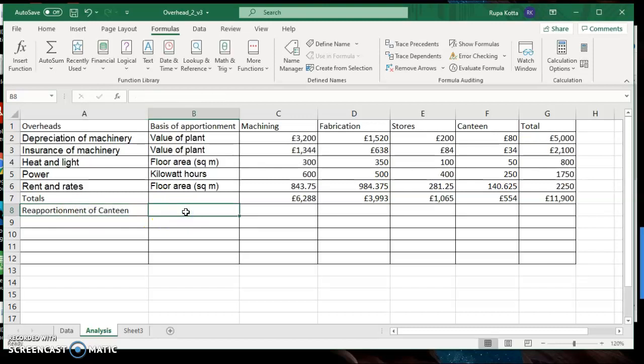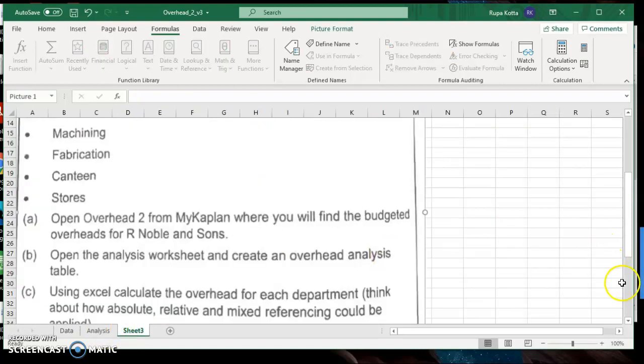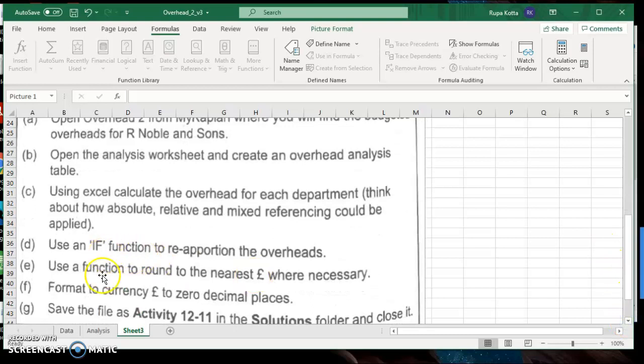Canteen cost is always divided based on the number of employees. Now if you see in your data, you have 2 employees in machining department, 2 employees in fabrication department, and 1 employee in the stores department, and none in the canteen department. And if you see the question, they asked you to reapportion the cost using an if statement.